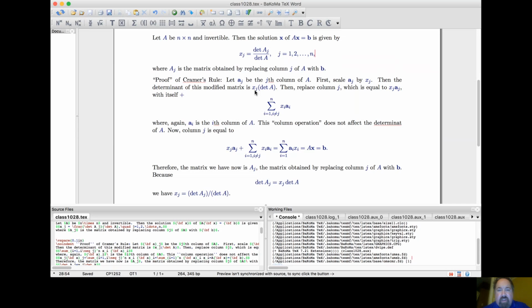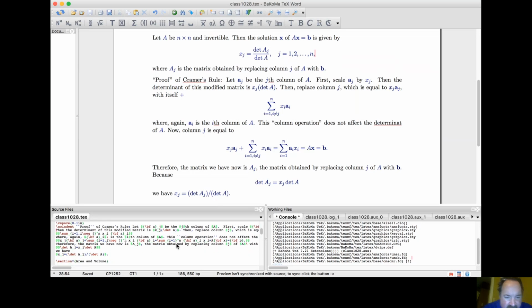Then what I do is I perform a column operation similar to a row operation, where I add to this jth column the other columns of A multiplied by their corresponding x's. This kind of column operation will not change the determinant. Let's see, I have a typo there. Determinant.